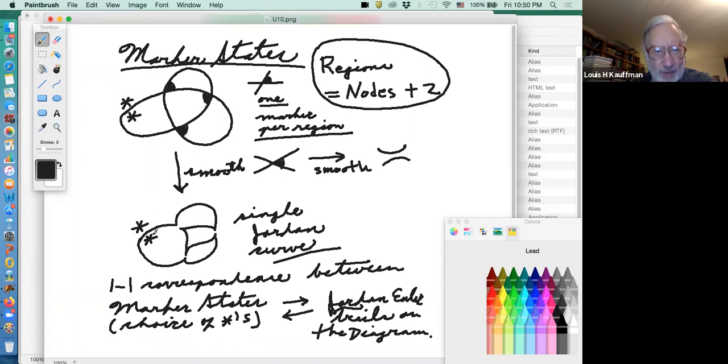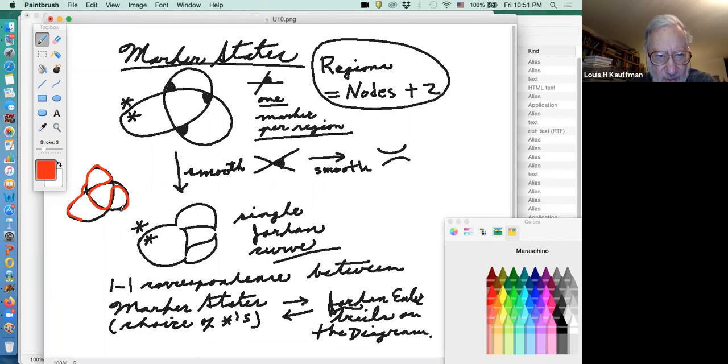That's what happened here. This is a Jordan-Euler trail. What I mean is it's a Jordan curve, but it's also an Euler trail on the graph of the knot. Here's just the graph of the knot. An Euler trail on the graph of the knot in the sense that it is a walk along the diagram which uses every edge once and never crosses at a crossing.